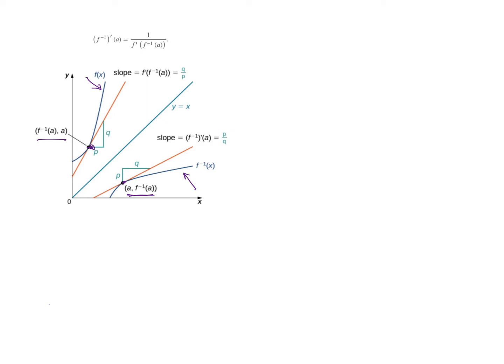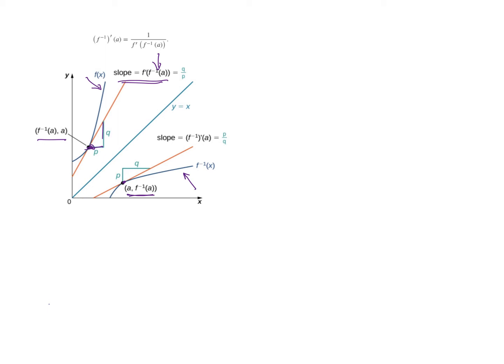The slope of this line, the notation for that is f prime, right? The slope of the tangent line is just f prime at the x value. So f prime at f inverse of a is just q over p. It's the rise over the run. All right, so we have q over p.